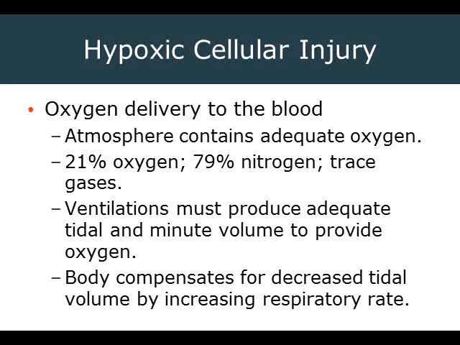Or we could have a respiratory rate of 15 and a tidal volume of 400. 15 times 400 is still 6,000. So it's 6 liters. Either way, we're accomplishing what we need.